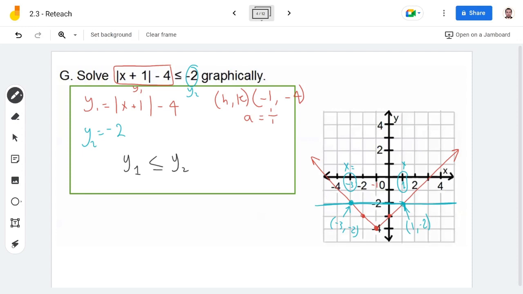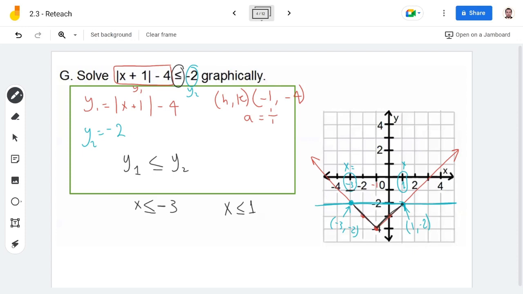Because it's saying less than, we are talking about this type of region, which is this one here. So if we look now, the first x is -3, so x is greater than -3, and on the other side, x is less than 1, and we put the equal sign because the question gives the equal.